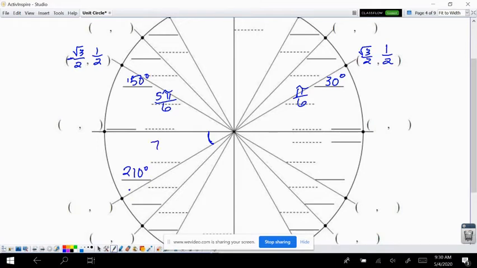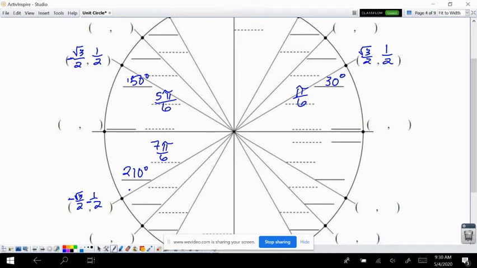So this would be 7 pi over 6 when it comes to radians. Now, because it's a 30-degree reference angle, I know that this is root 3 over 2 and this is 1/2. But we're in the third quadrant where both x and y coordinates are negative, so we're going to make both of those negative. And that is the x and y coordinates where the angle 210 intersects the unit circle.